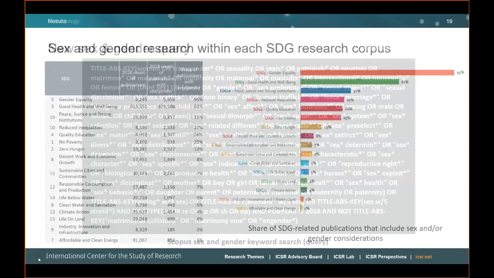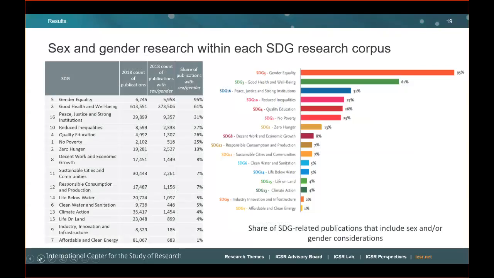In the table here, the 16 SDGs are listed along with the count of publications identified by each SDG query in Scopus, and the count of the SDG corpus of publications that also include those publications identified by the sex and gender query, and then the overlap proportion, the share of SDG research that also covers sex and/or gender topics.